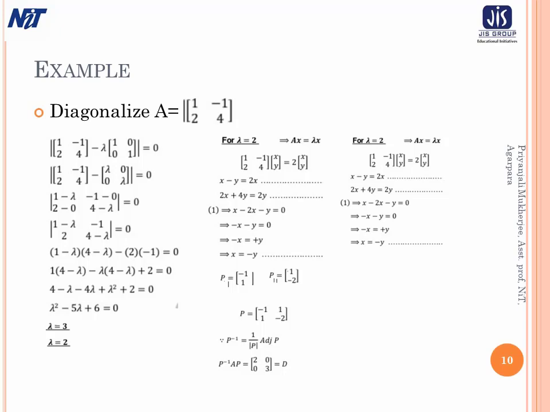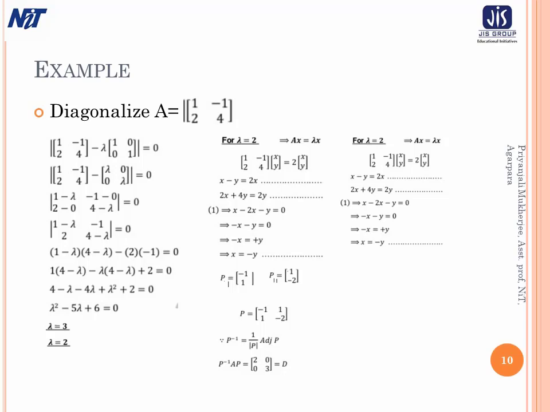We will rewrite the equation in this form. This is the A matrix into x equal to lambda into x, or we can write the equation 2x plus 4y is equal to 2y, or x is equal to minus y. Now if we consider y equal to 1, then x will be minus 1.